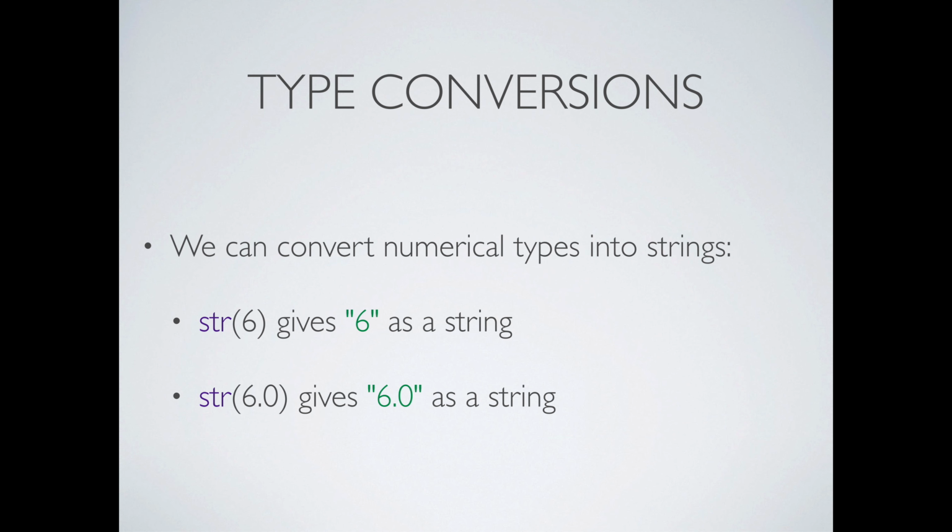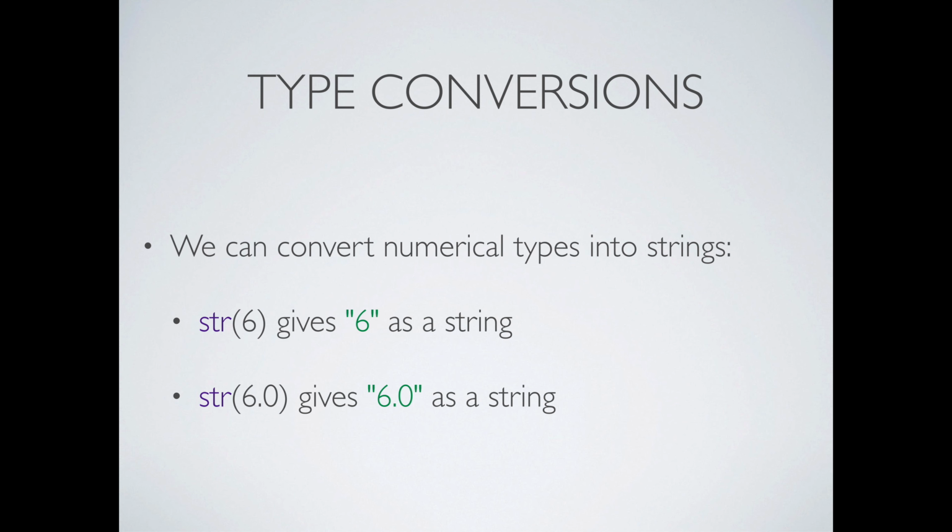Alright, so let's say you have a numerical type, such as an integer or floating point value, and you want to represent it and store it internally in your Python code as a string. So the way you do that is you use this type conversion ability called str. str is shorthand for string.